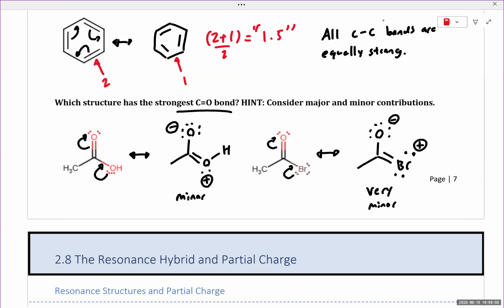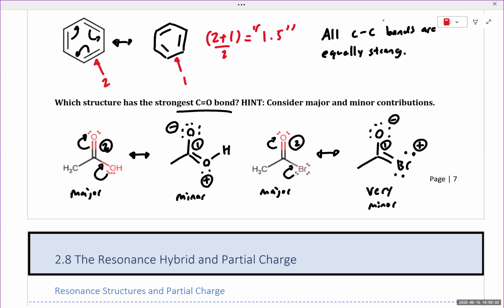Okay, so in this case, when we consider which structure has the strongest carbon-oxygen bond, the major resonance structure in each of these two cases has a bond order of 2. The more this minor structure with a bond order of 1 contributes, the weaker our carbon-oxygen bond will be.